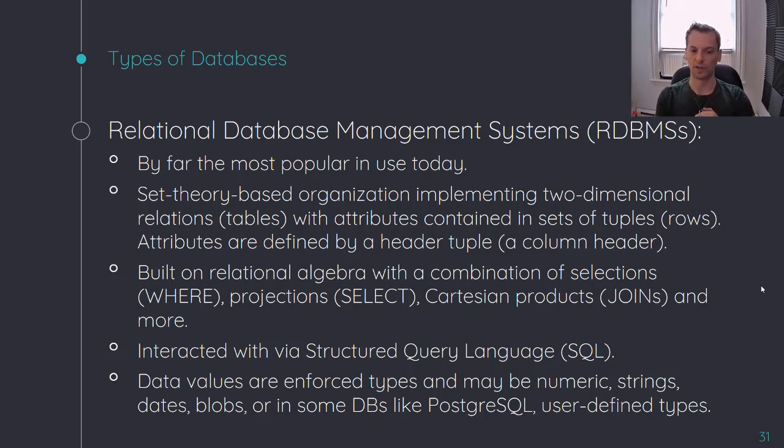Relational databases are built on relational algebra, with a combination of selections, projections, Cartesian products, and more. And by the way, it is their origin in relational algebra that is the source of the term relational database. It is not because tables relate to one another via foreign keys.